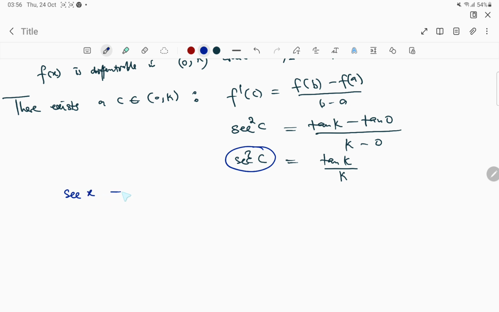So generally, we know that sec x is equal to 1 over cos x.